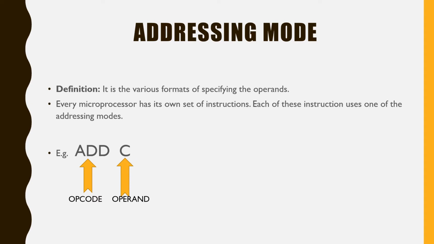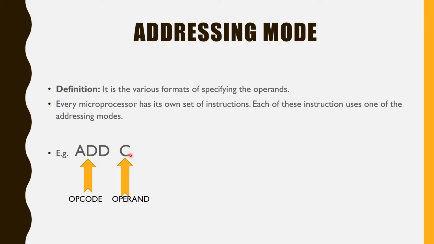Now operand means whenever we are doing any operation, that operation is executed on a variable, that register, that memory is called an operand. So in this instruction ADD C is given, and C is an operand and ADD is an opcode. Opcode means operation code.